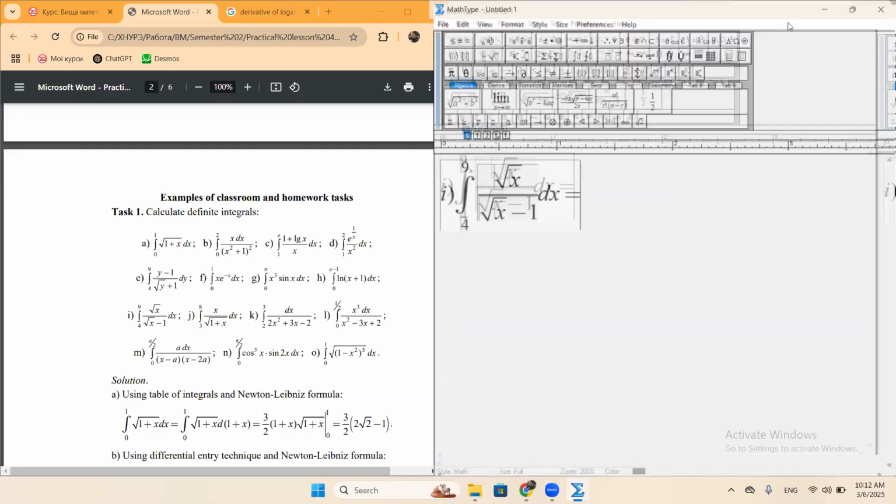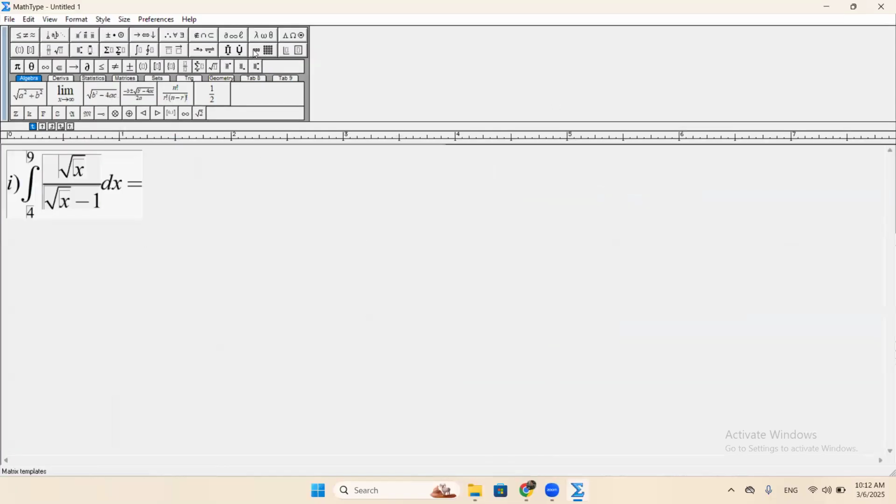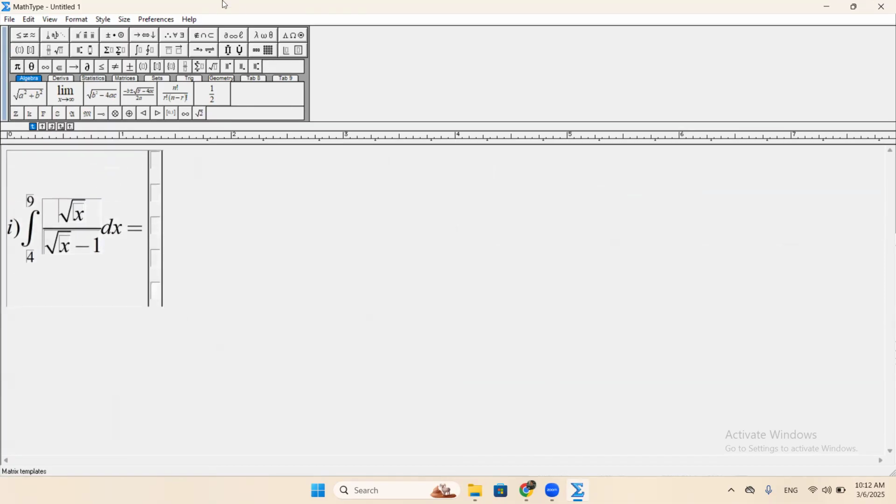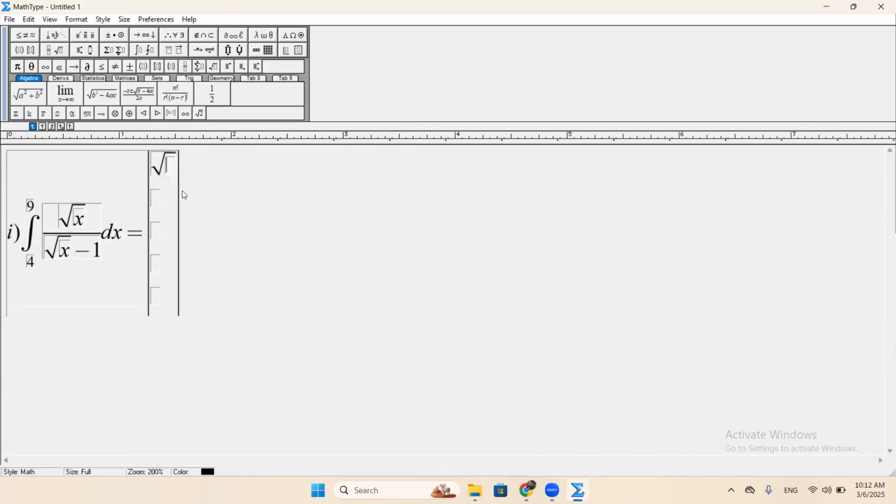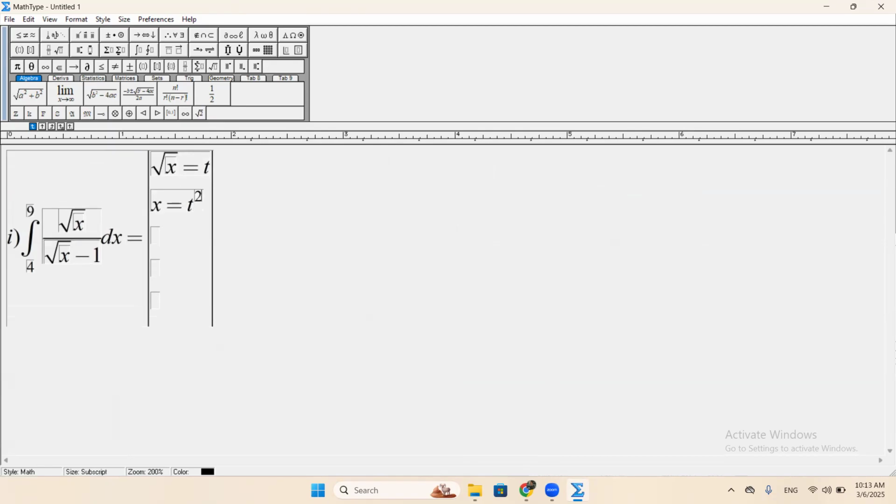We will do this substitution. So let's substitute: square root of x will be equal to t. Then x equals t square, and so dx equals 2t dt.